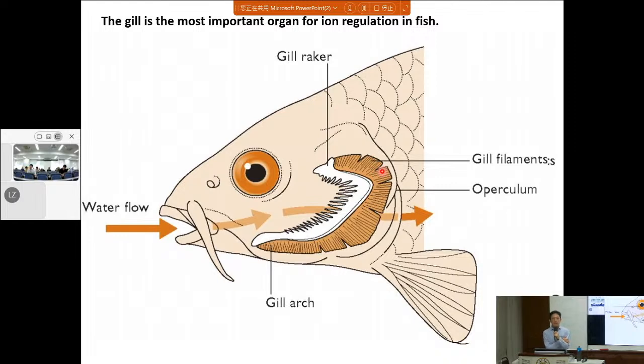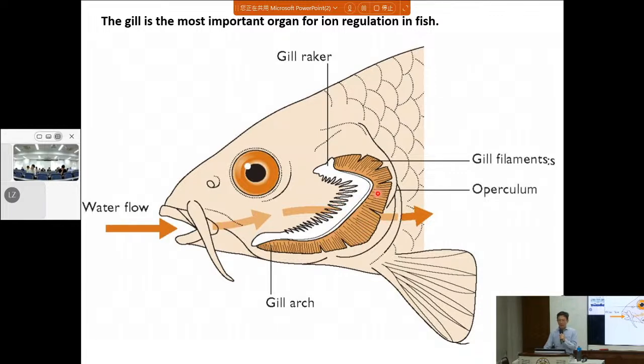The fish gill is the most important organ to maintain the osmolarity and ion concentration inside the body, compared to the terrestrial animal. Mammals like us use the kidney to perform this function, but in fish, the most important organ is actually the gill. The water flows through the mouth and then perfuses the gill.